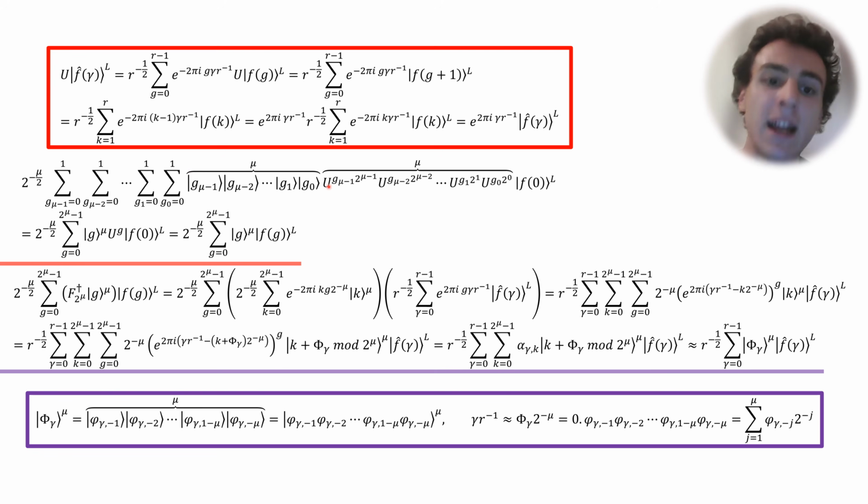This format is very convenient when we're expressing these controlled unitary gates in a sequence, because we can see all of these terms in the sequence. We can see the first gate that's applied, then the second gate, and then we have dots to show all of those omitted gates, and then we have the second last one and the last one. And we can use exponential laws to combine all of these unitary gates into a single unitary gate being raised to the power of g.